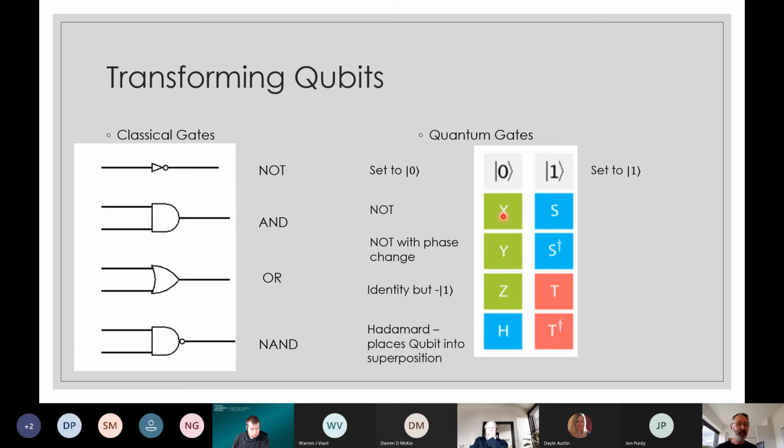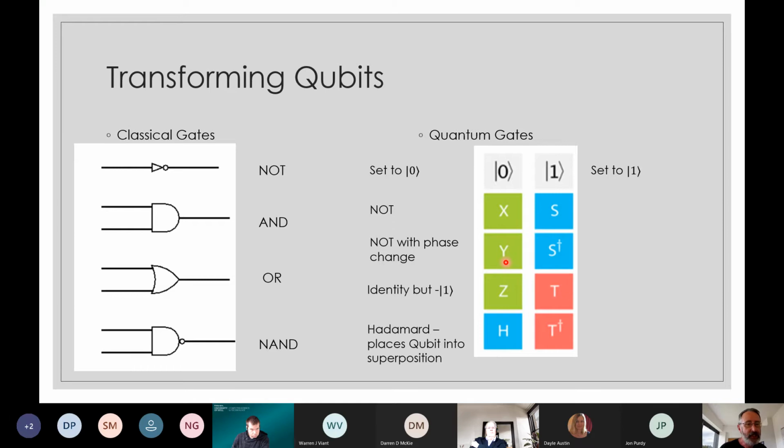We have gates at the quantum level that can invert it. So if it was 0, we can make it 1. If it was 1, we can make it 0. We have another NOT which can change the phase of our waveform.